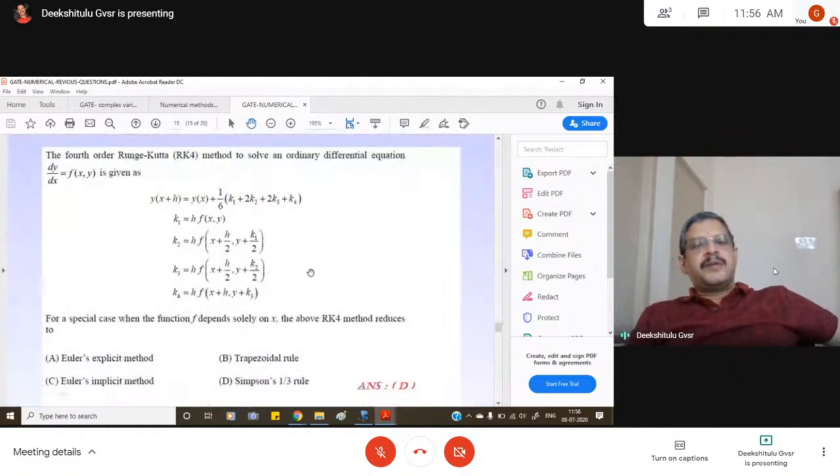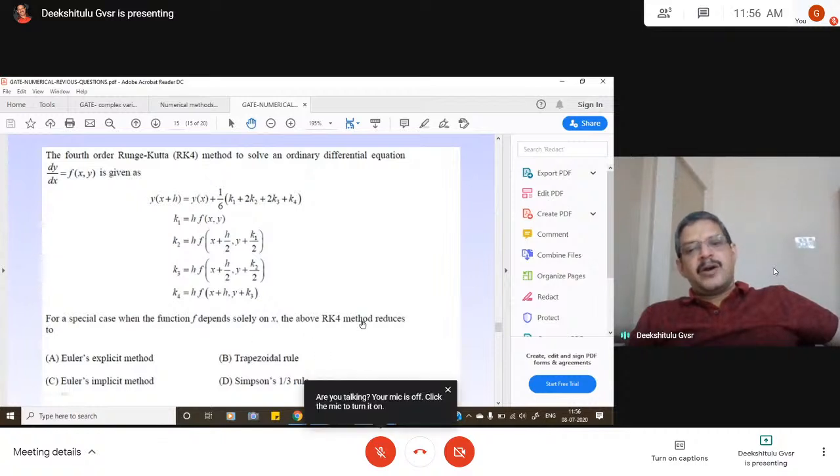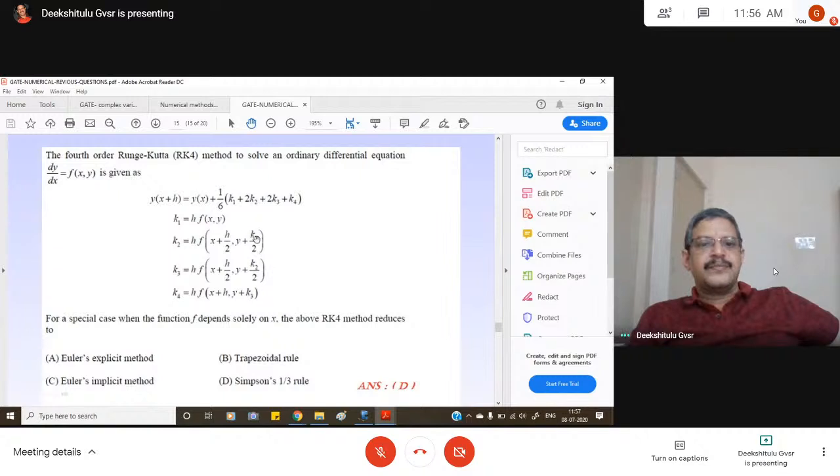The fourth order RK method to solve an ordinary differential equation is given by that formula. For a special case when the function depends only on x, the above RK4 method reduces to something. So it is changing only on x. That means these terms will be constant, there is no change. When these things are constant, what happens? K1 is f(x, y). K2 is the same, since y at K1 is not changing.